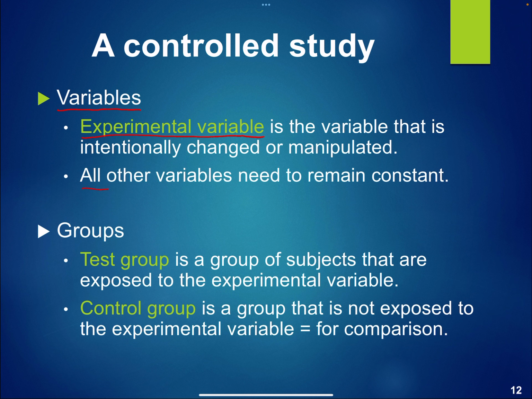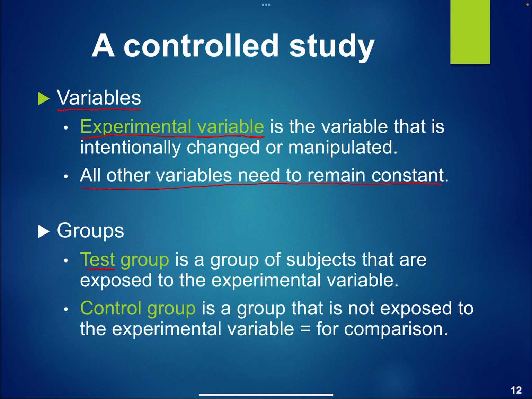All other variables in the experiment are going to remain constant. So that's one. Two, now we are going to work with groups of patients that are treated with what we know to be the variable, the antimicrobial, and groups of patients that are treated with what we know to not be the variable, a placebo, for instance, right?